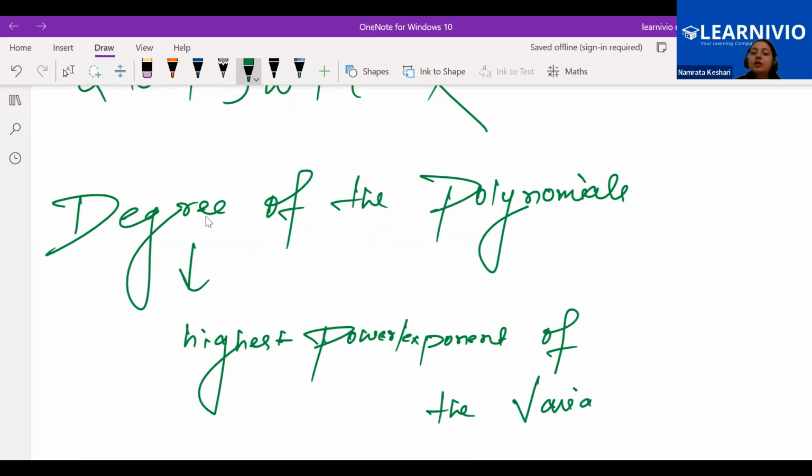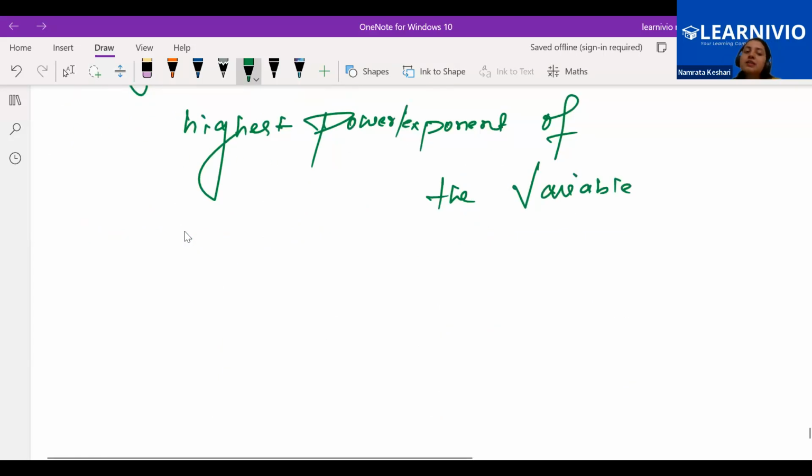That's called degree of the polynomial. So suppose we are having a polynomial. Let's say we are having a polynomial x to the power 5 plus x cube plus x to the power 4 plus x to the power 7.